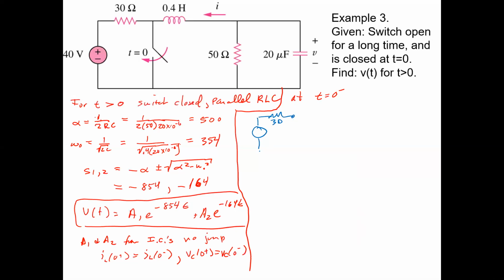Well, the switch is open at t less than 0, so our 40-volt source is connected to the circuit through an inductor which acts like a what? Somebody else? That was incorrect. Somebody else? A short circuit.